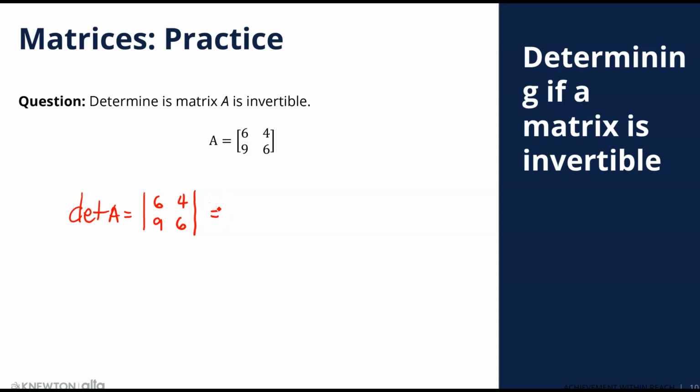So the determinant of the matrix A is just equal to the product of the diagonal entries here, 6 times 6, minus the product of the other diagonal entries here, that is 9 times 4. 6 times 6 is equal to 36, and 9 times 4 is also equal to 36. That gives us 0. So since the determinant is equal to 0, that means that the matrix is not invertible, or the inverse of the matrix does not exist.